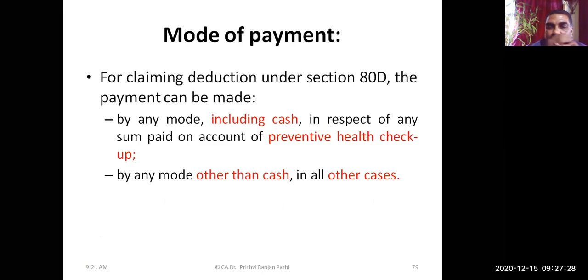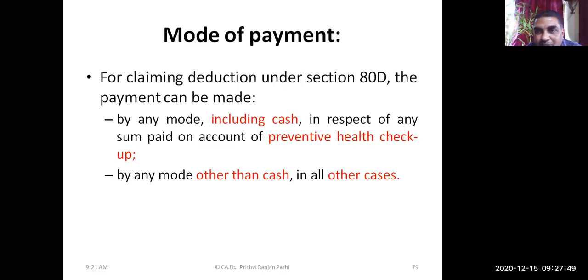Now, here one thing is important: how can this money be paid? That is, what is the mode of payment? You have to remember, you can make payment in any mode, including cash, for preventive health checkup. For this 5,000 rupees, you can pay in cash.